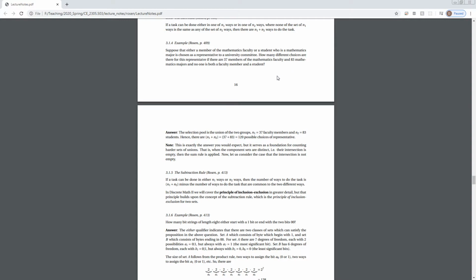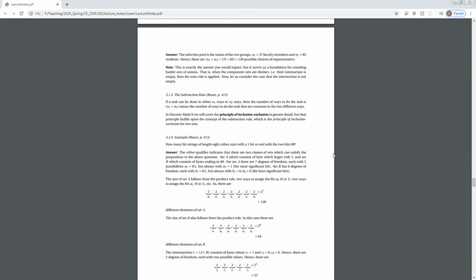So if it has to come from one or the other, then it comes from the sum of those two groups, right? Because we are assuming that no one is both a faculty member and a student. And so the solution breaks down pretty quickly, right? N1 is the number of faculty, 37. N2 is the number of students, 83. And so you're choosing from a pool of 120 possible representatives, right? So that's when you would apply the sum rule.